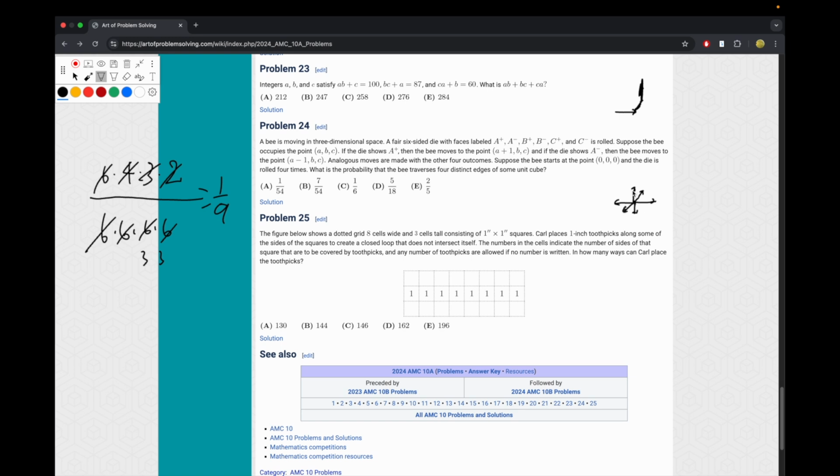Now let's just say that it landed on here. Then using our red color, this is where it went. Now it has 3 other cases. I'll color the cases in green. It can go here, it can go there, or it can go here, or even here.